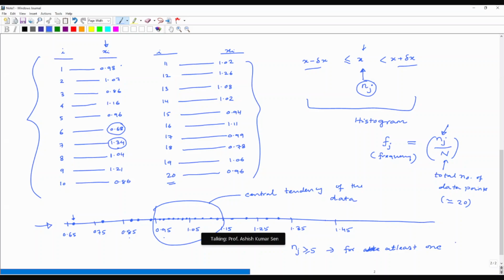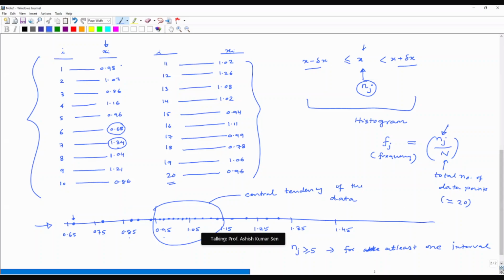If we follow this rule, we can form a histogram out of this data.